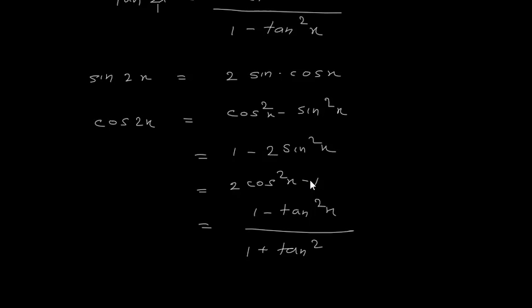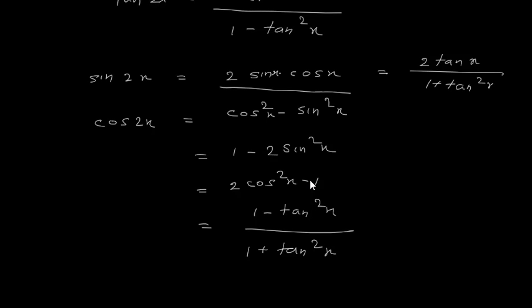Now this sin 2x, that is 2 sin x cos x, can also be expressed in terms of tan. You can here also divide numerator and denominator by cos square x. When you do that, you will get 2 tan x upon 1 plus tan square x.